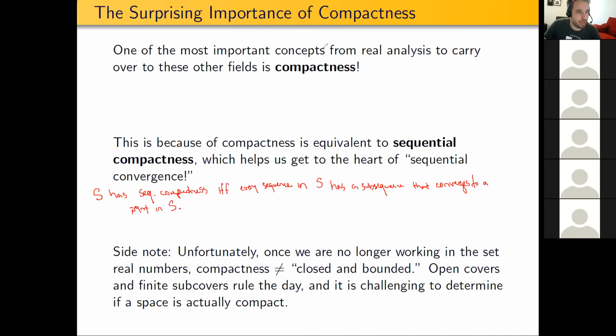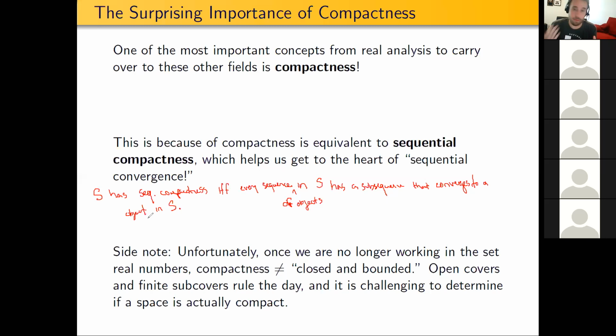Or maybe because we're talking about these more abstract spaces, maybe I shouldn't say a point, maybe I should say an object. So every sequence of objects in S has a subsequence that converges to an object in S, right? That was what was meant by sequential compactness.